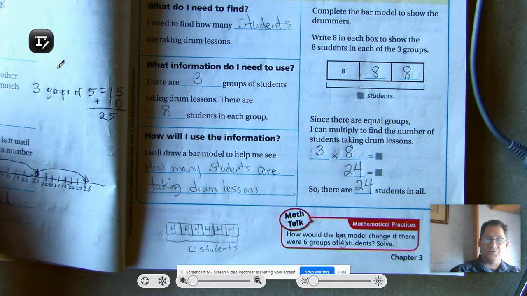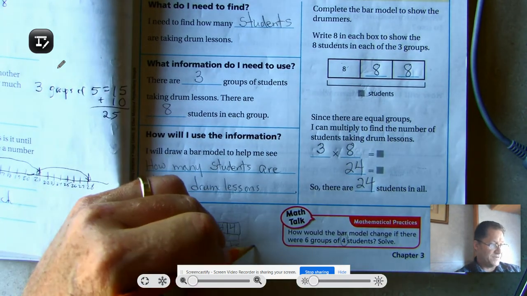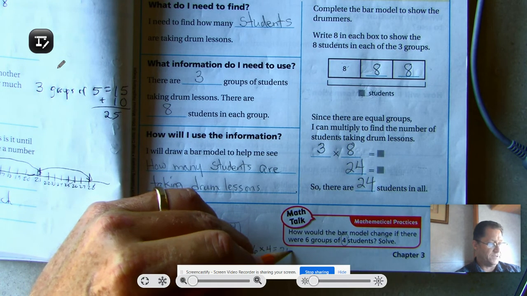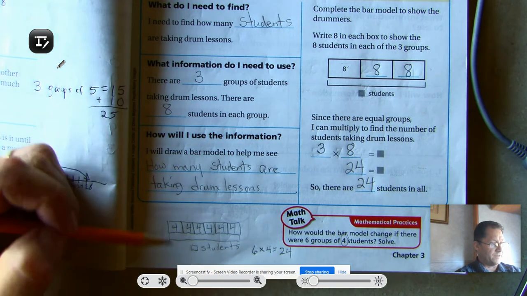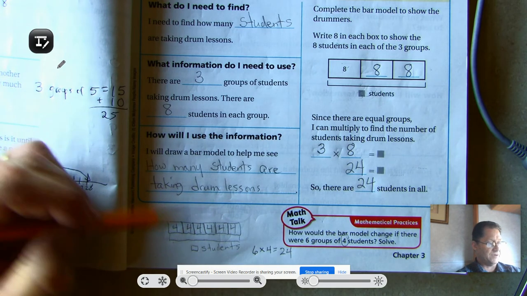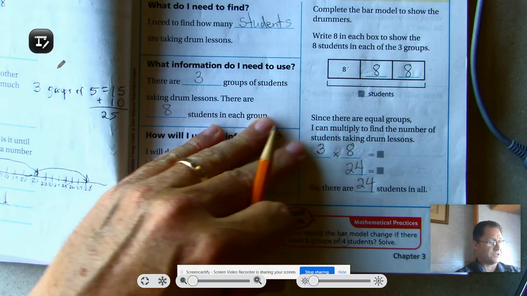So then how many students would that be? Again, we could use multiplication. It would be 6 groups of 4, and 6 times 4 is 24. So the number of groups is the number of boxes in the bar model, and the number inside each box is how many are in each group. Okay, so let's go to page 116.